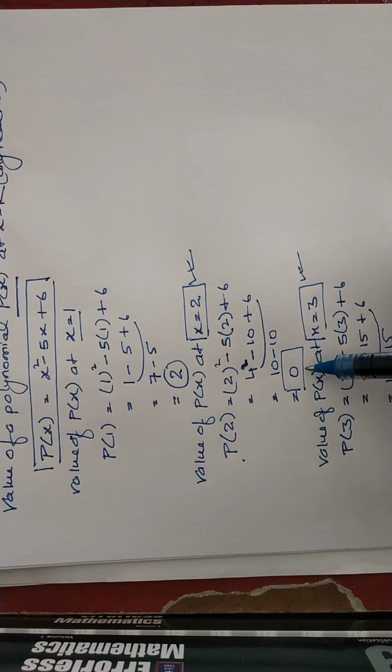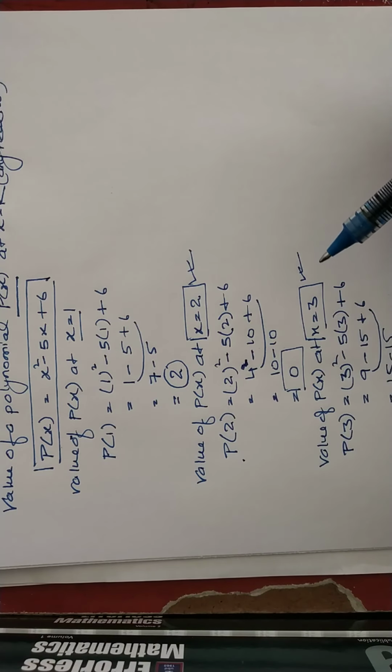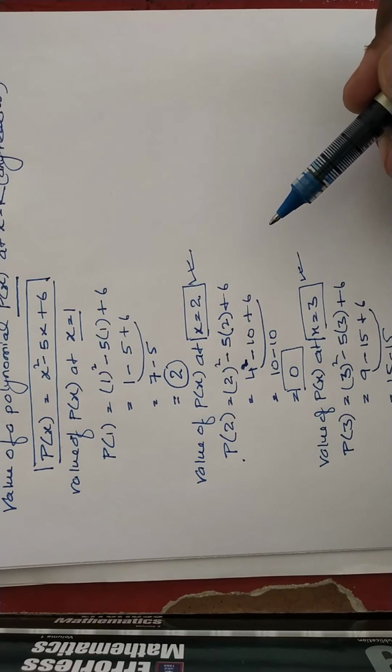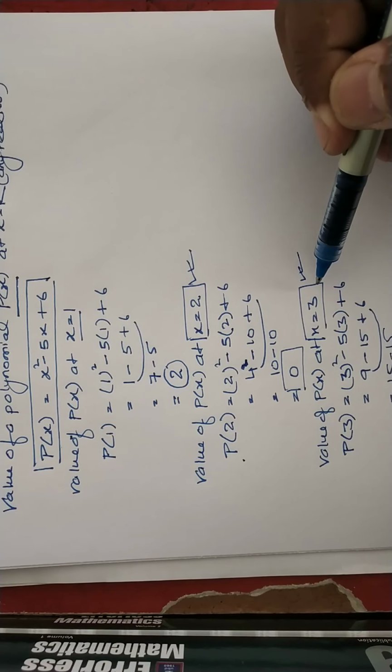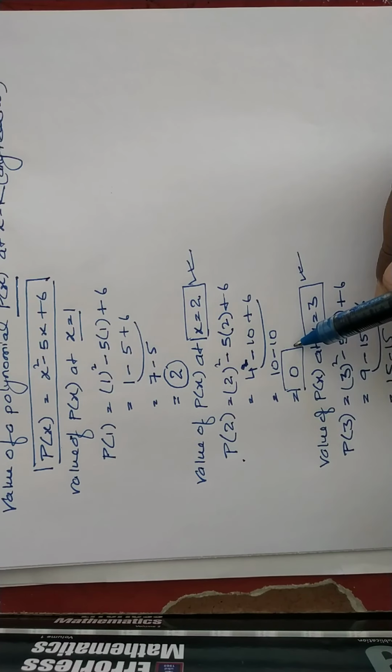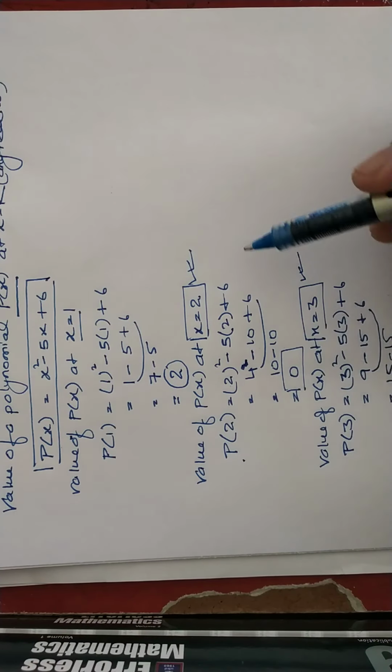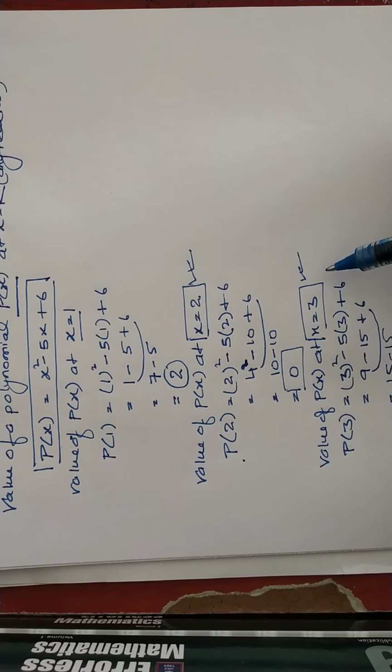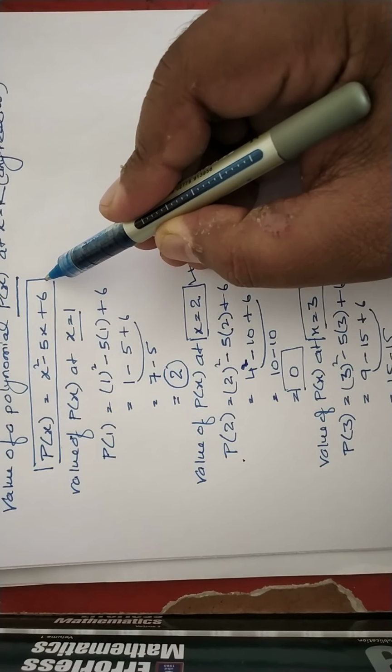So p(2) also comes out to 0 and p(3) also comes out to 0. So those values of x for which the polynomial reduces to 0 are said to be zeros of this polynomial. So for x equal to 2 and x equal to 3, that polynomial p(x) gets reduced to 0. So x equal to 2 and x equal to 3 are the two zeros of this polynomial.